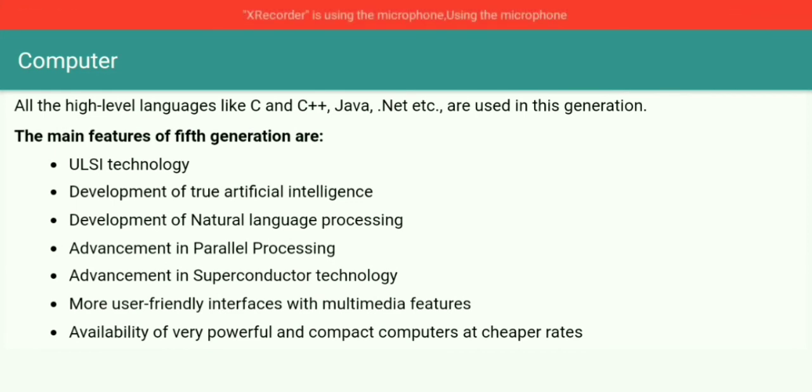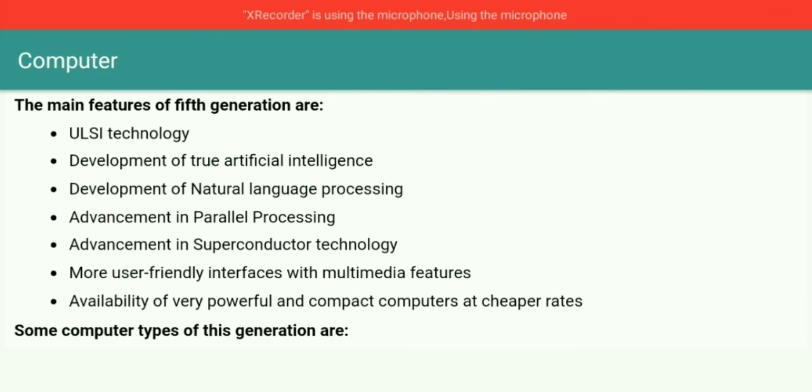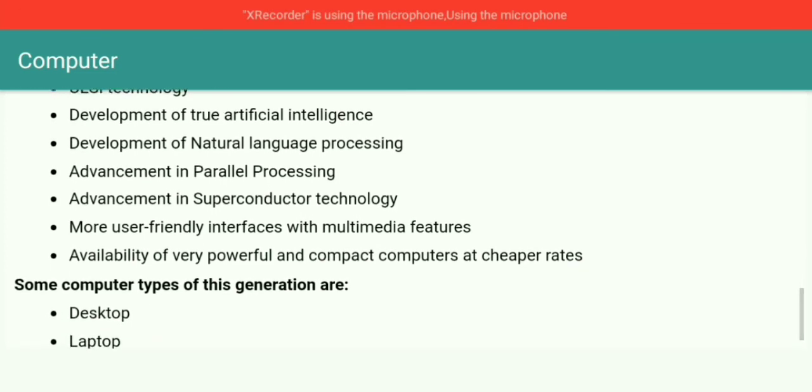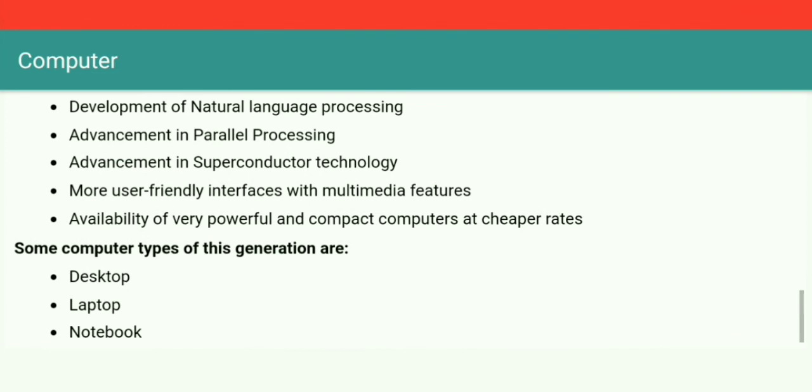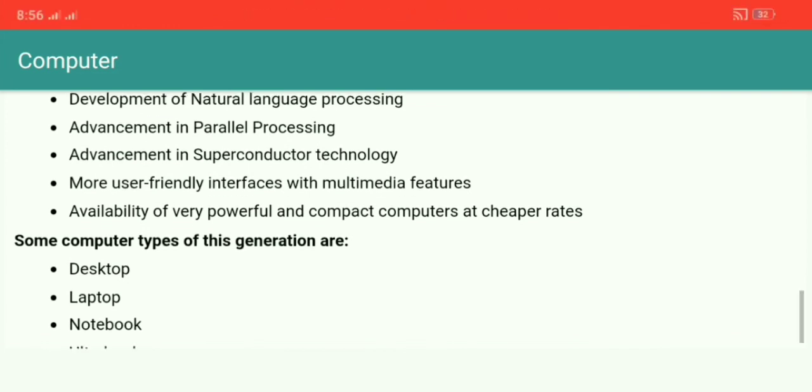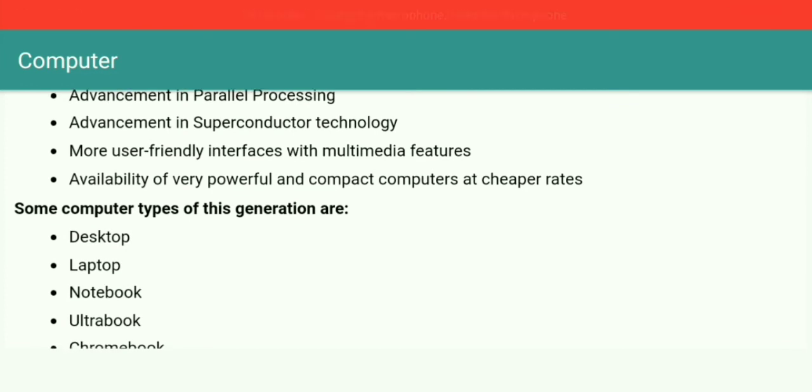ULSI technology, development of true artificial intelligence, development of natural language processing, advancement in parallel processing, advancement in superconductor technology, more user-friendly interfaces with multimedia features, availability of very powerful and compact computers at cheaper rates.